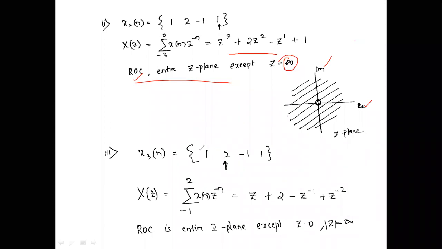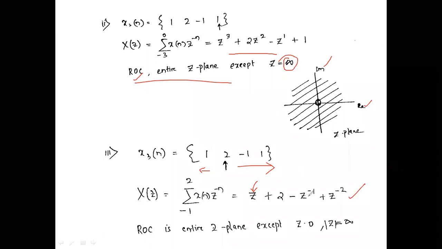Now this is the third question. You can see values on the right and values on the left. So the signal starts from minus 1 and goes till plus 2. So its z transform is z plus 2 minus z to the power minus 1 plus z to the power minus 2. Now if I substitute z equal to infinity, 1 divided by infinity will go to 0.